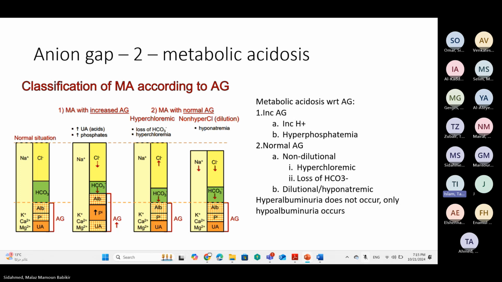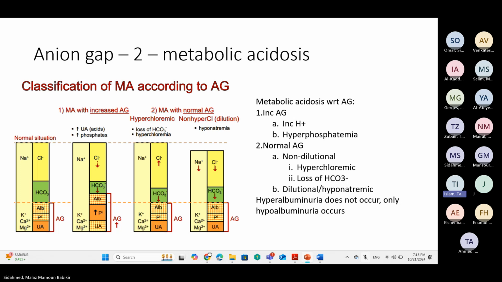And therefore it reduces not only the components of the anion gap, but all the anions in general. And concentration is a relative parameter. A concentration of a certain ion would be relative to some other. Let's say the plasma were to have only two parameters, chloride and bicarbonate. If chloride goes down, that means bicarbonate must go up.